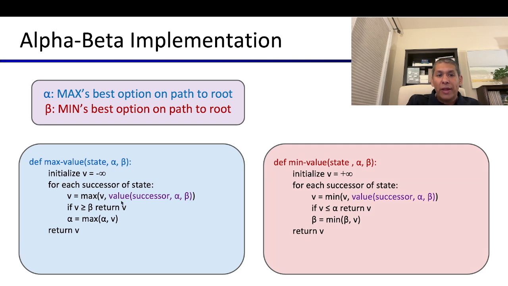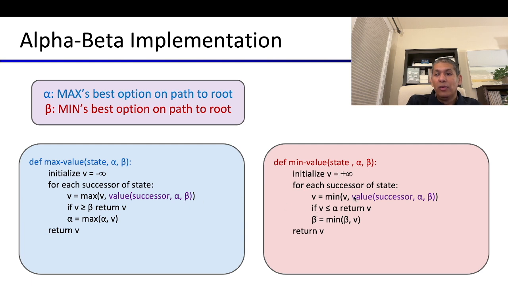In this value function, value of successor with these limits alpha and beta, if the value of v is greater than or equal to beta, we simply return v. We don't go any further. Otherwise, we continue and we keep doing value.